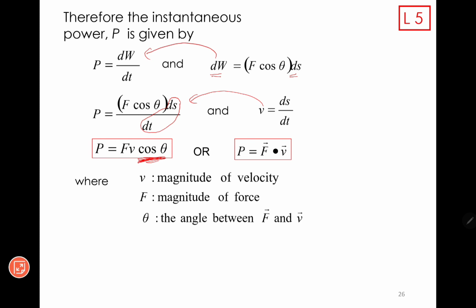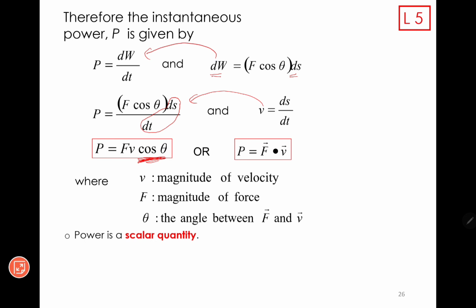Alright, so theta is the angle between F and V. So again, power is a scalar quantity. We don't have any direction. We are discussing magnitude only. Again, by having positive or negative values of power, what does it mean? Okay, it means that the power is lost or absorbed, or released by the system.